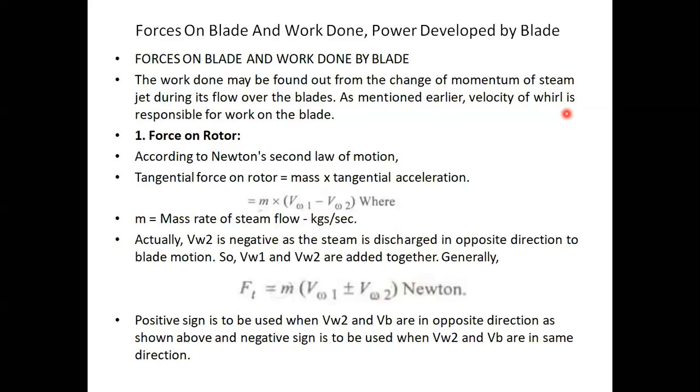So positive sign is to be used when VW2 and VB are in opposite direction as shown above, and negative sign is to be used when VW2 and VB are in the same direction.